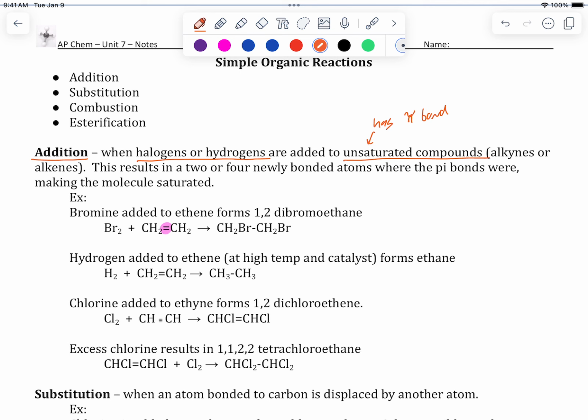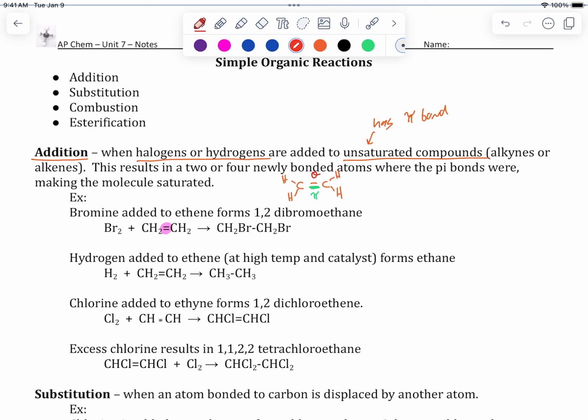Well, the pi bond can be broken, and so let me kind of redraw it here. Right, so this guy, this is ethene. This bond here, the second one there, is the pi. The top one is the sigma.